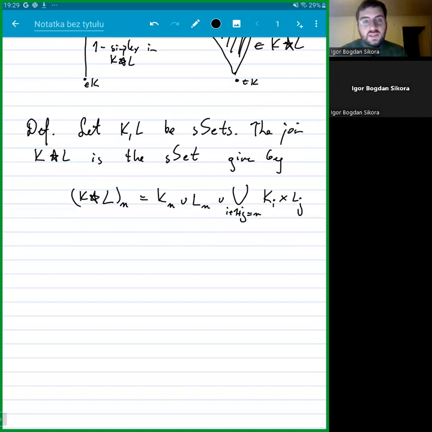These are only the simplices, and it's rather easy to write the degeneracies and face maps, so we will not do it here.